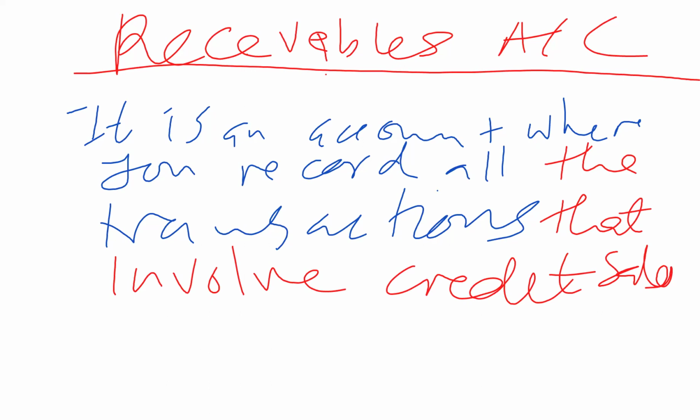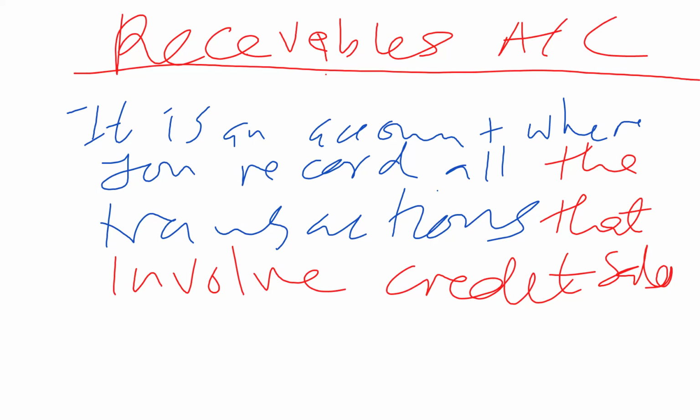The account where you record the transactions that involve credit sales. So that is to say, if you, for example, sell on credit to your customers, the kind of account that you open is called the receivables account.